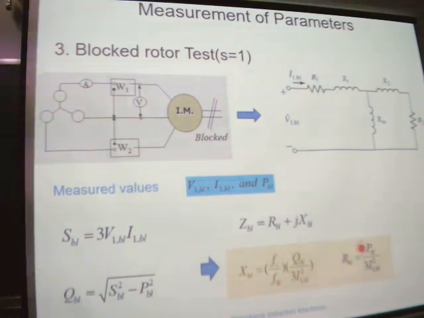But for the resistance, there's no need to, because resistance is independent of frequency. The reactance is proportional to its frequency, so it should be noticed here.